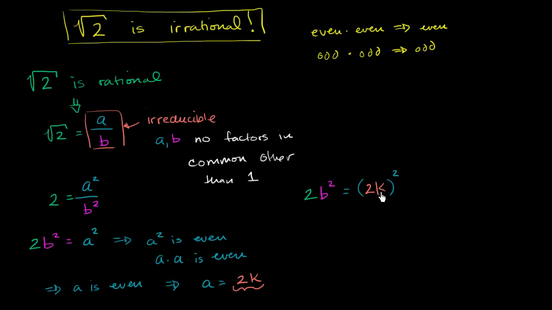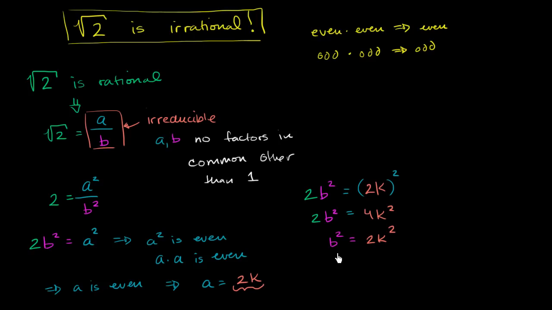So if a is even, it can be represented as a product of 2 and some integer. And then we can write that 2b squared is equal to 4k squared. And then you divide both sides by 2, you get b squared is equal to 2 times k squared.